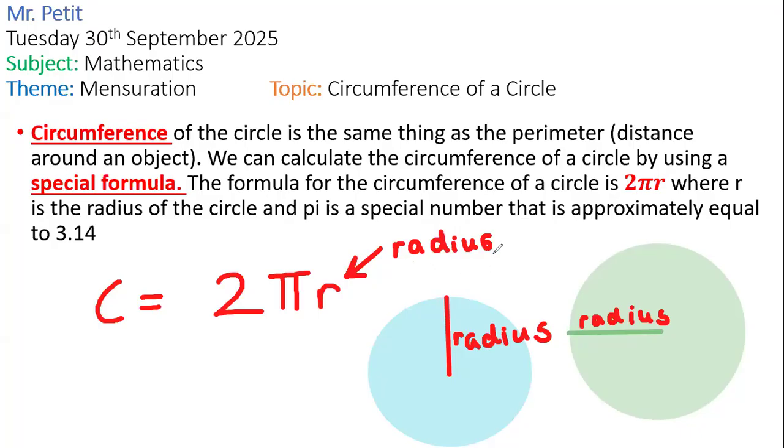But the radius is going to be half of the diameter, right? The radius is half the diameter.